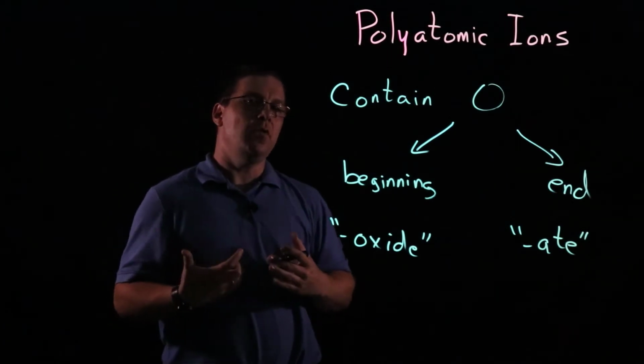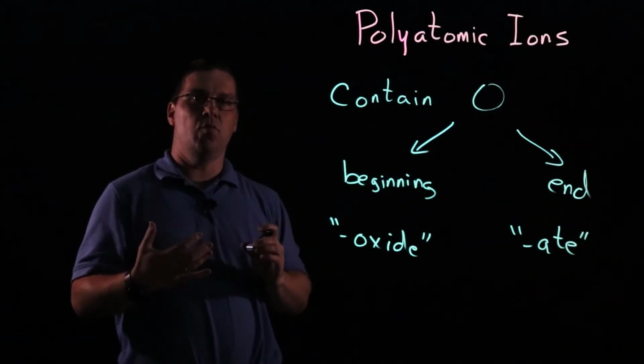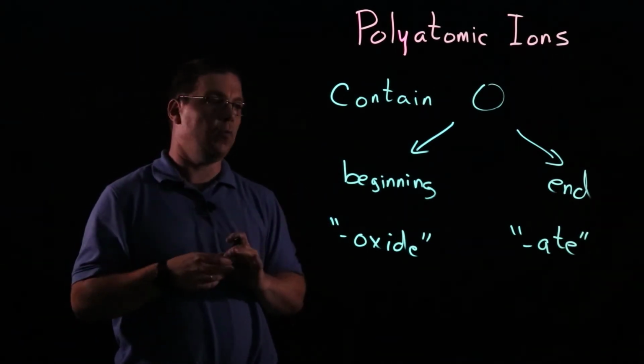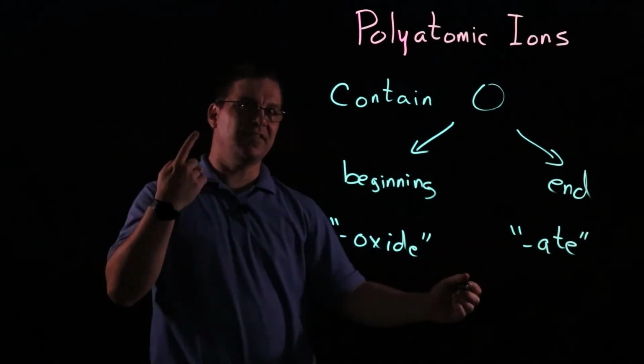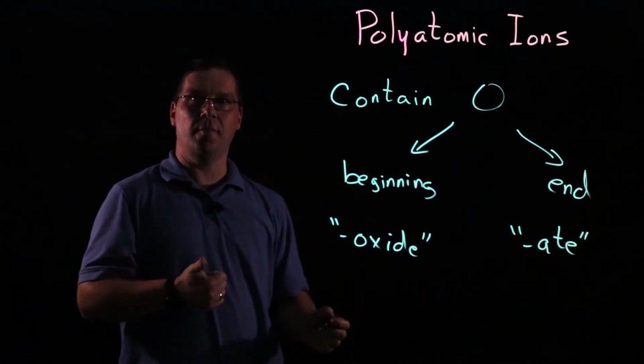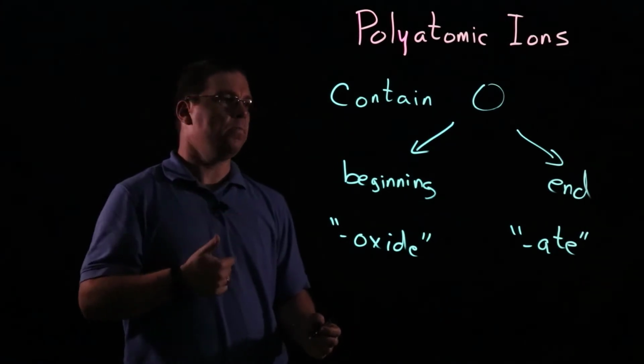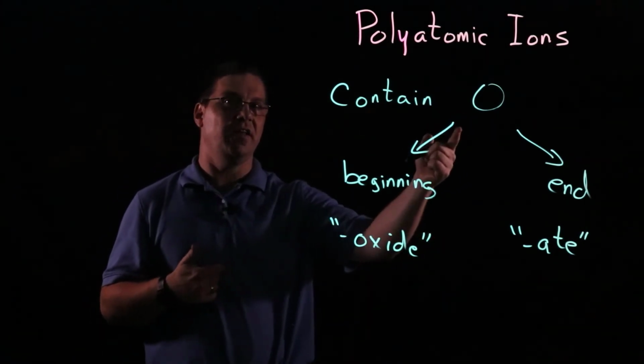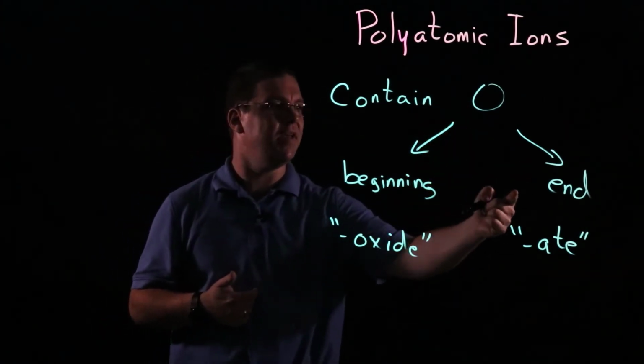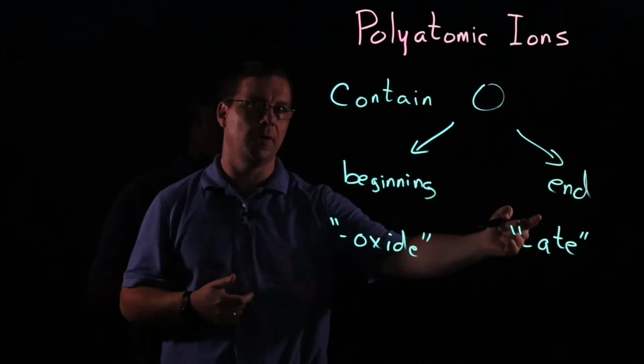And so anytime you see a polyatomic ion name, or the name, somewhere in the compound where you see ATE, that's cluing you in that, hey, there's a polyatomic ion involved. Secondly, that it's going to have oxygen in it, and namely that oxygen is going to be at the end of that polyatomic ion formula.